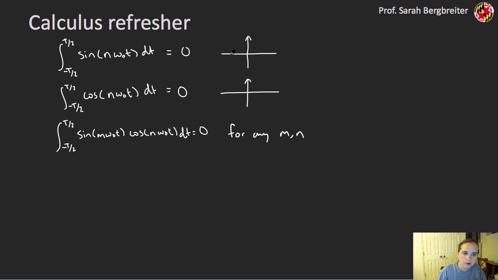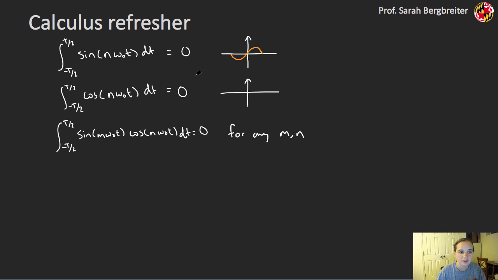Right? And the basic intuition behind this is if I have a sinusoid here, and I'm integrating the area covered by these curves, obviously that's going to go to 0. And it doesn't matter how many cycles I have in here, as long as it is still in that original period of the fundamental frequency.